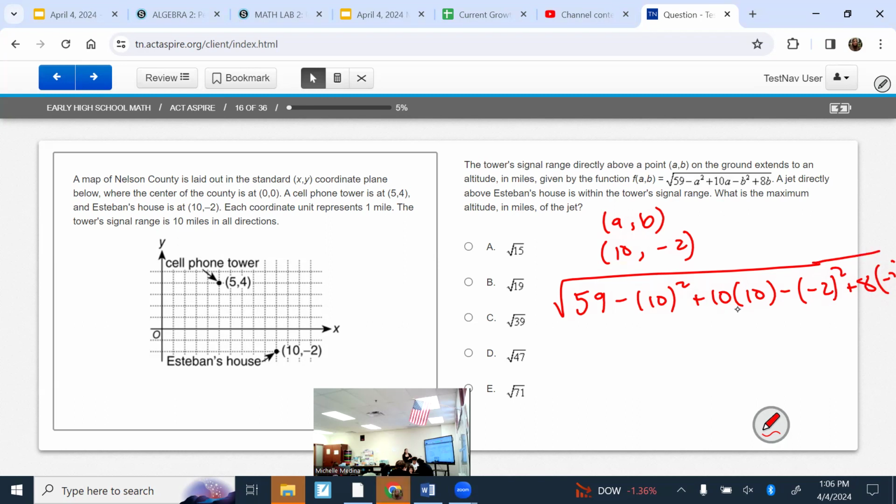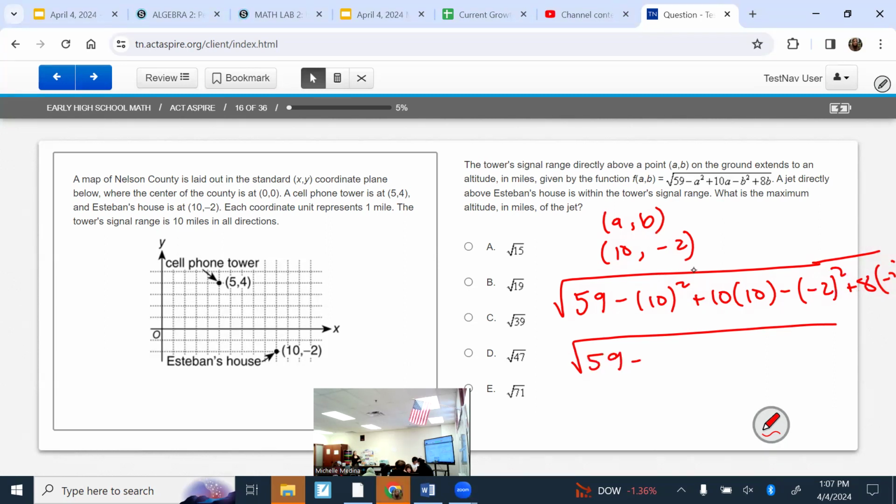But whatever answer that simplifies to will match one of these. Okay? The calculator will probably get messy. That's why I said if you have a real one, that'd be better, because you can type that all in and see what it simplifies to. Otherwise, know your order of operations. I would have to do exponents before anything else.